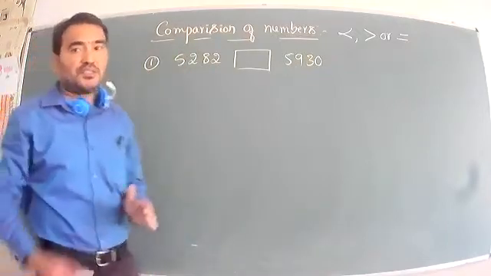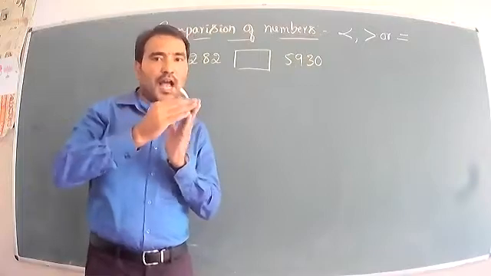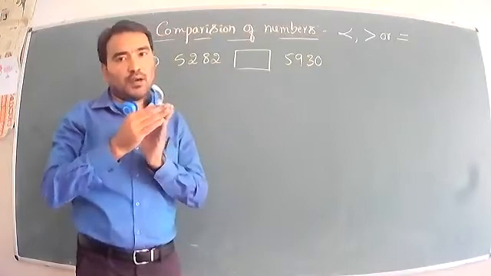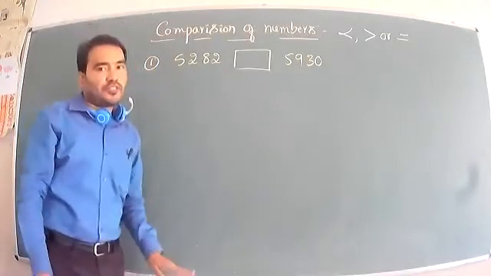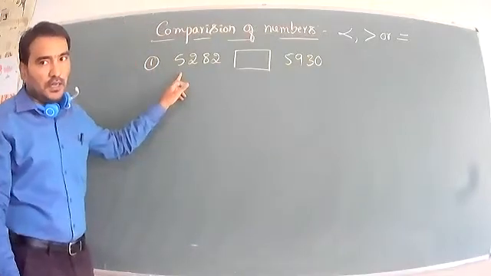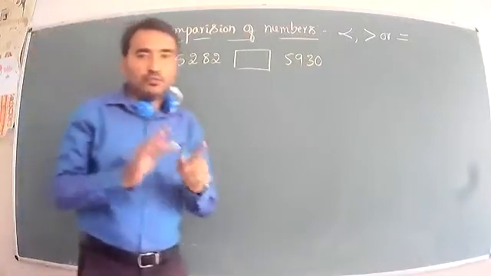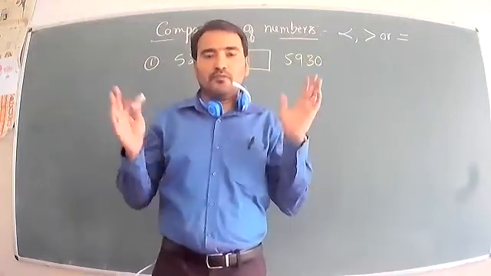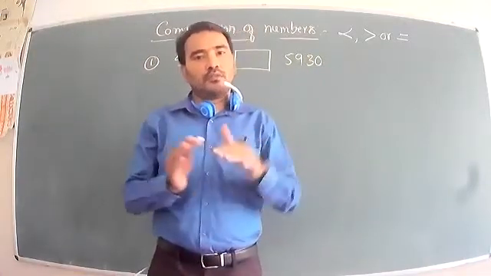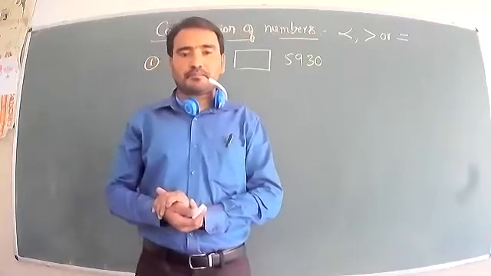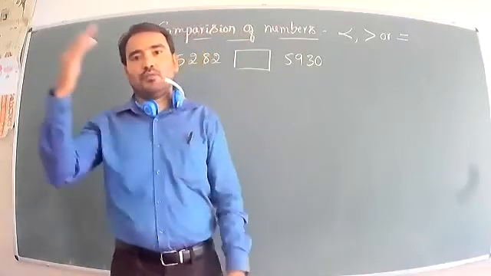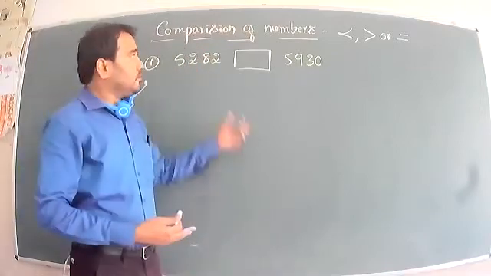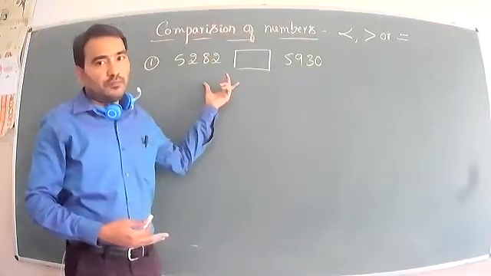The arrow mark points to the side of the smaller number. First compare the thousands, and if the thousands are the same, go to hundreds. If hundreds are also equal, go to tens. If tens are also equal, go to ones.